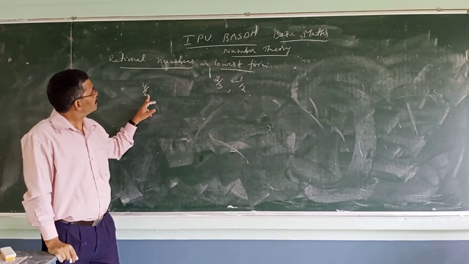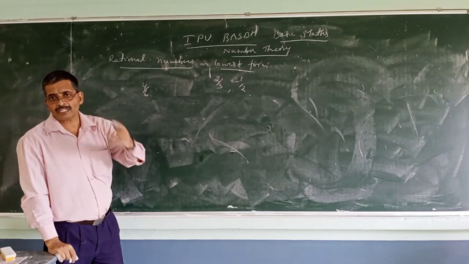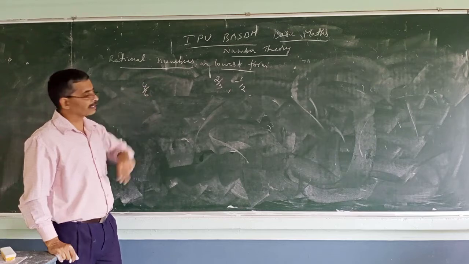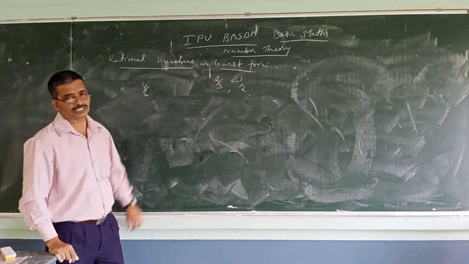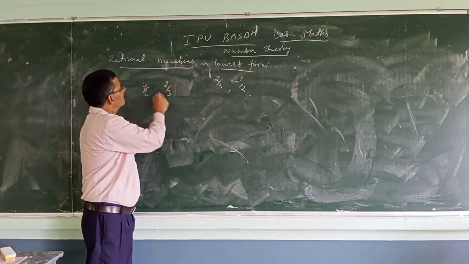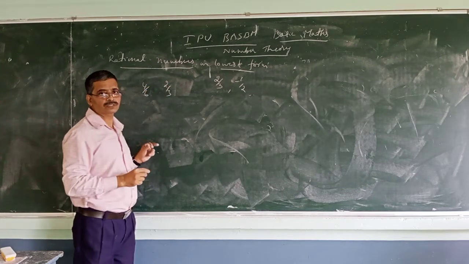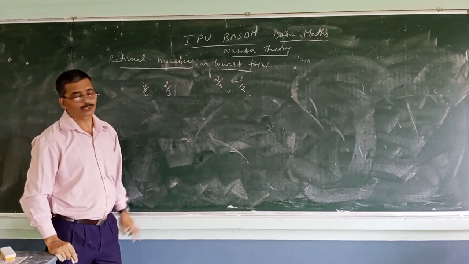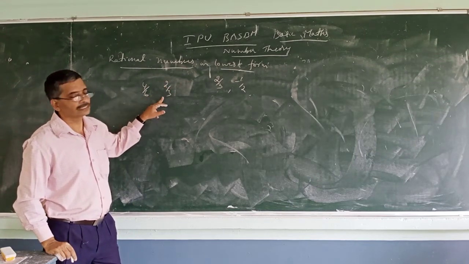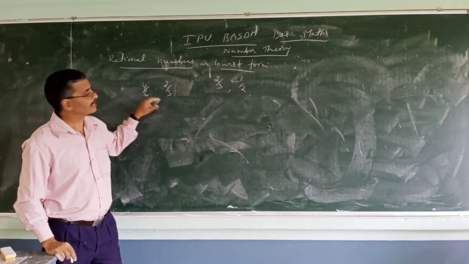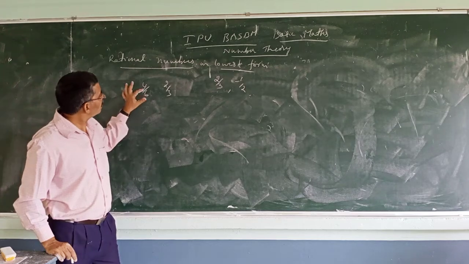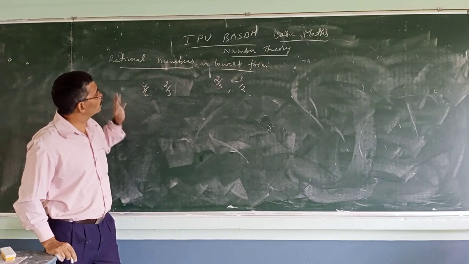This is a rational number, but it is not in lowest form because it has a common factor. You can simplify it further by dividing by 2 on both sides, and it becomes 2 by 3. So 2 by 3 is in lowest form.